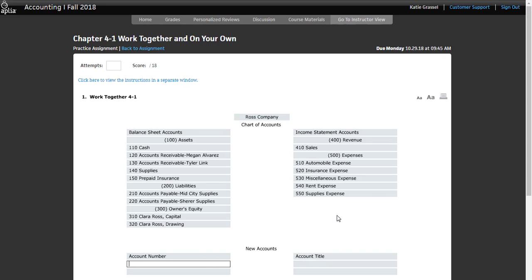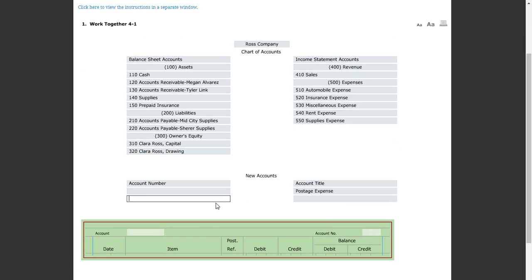So I'm actually going to start over here on the right, and I'm going to put in postage expense. Now, I need to figure out the number for postage expense. How will I know that? It's an expense, so it's going to start with a 5. Would you agree? Now, expenses are listed in what order? Alphabetical. So where does postage expense fit in our expenses? Between miscellaneous and rent, would you agree?